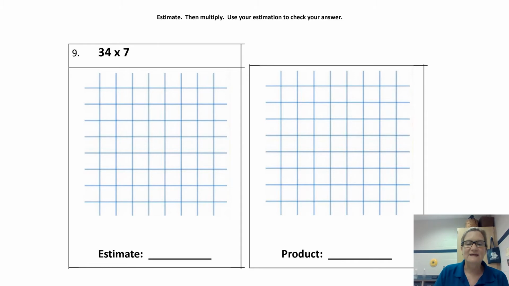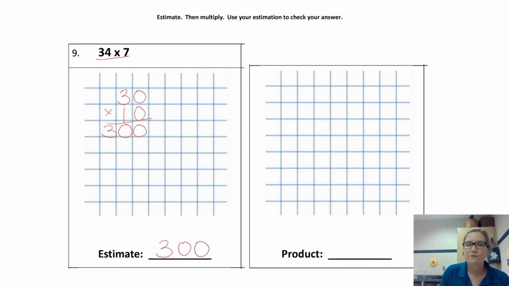All right. Estimate, then multiply. Use your estimation to check your answer. Here we have 34 times 7. So 34 rounds to 30, and 7 rounds to 10. We multiply those and we get 300.